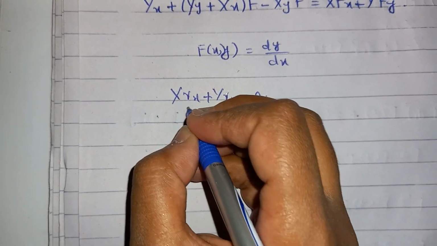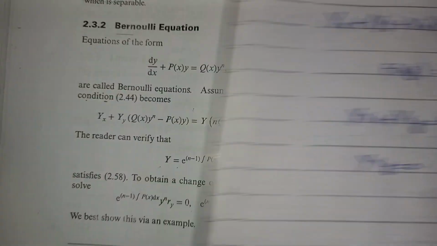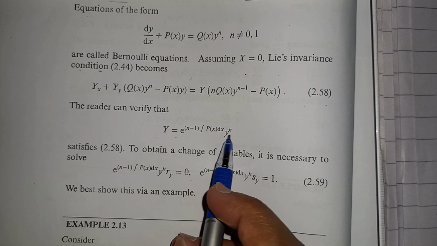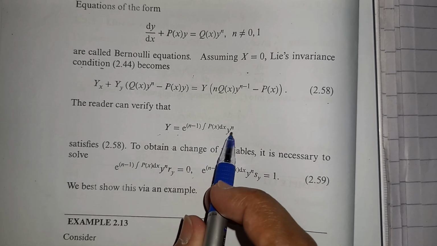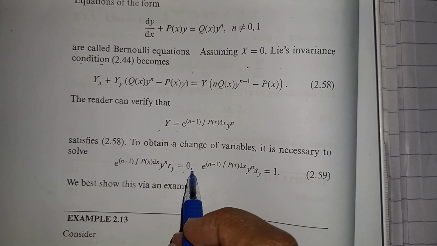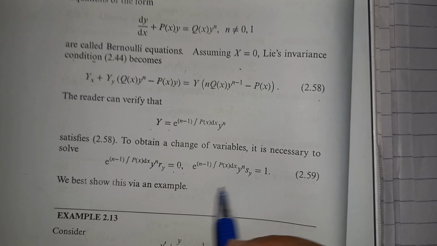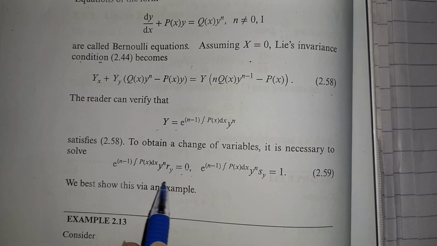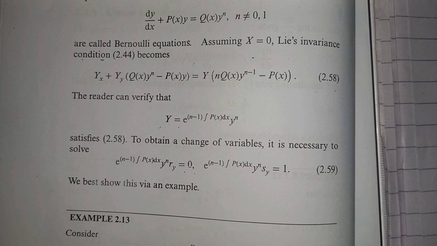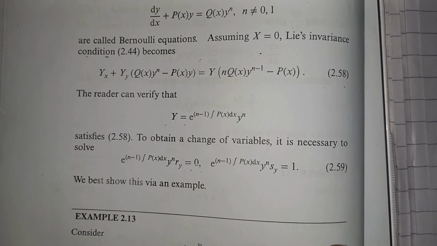The value of eta is given over here, so you can write e raised to power (n minus 1) integral p of x dx, y raised to power n, into r_y is equal to 0, and in a similar way you can write the value for s_y. Now students, there is no need to solve it further. You can just use this technique on your question, and you can easily find the corresponding answer.